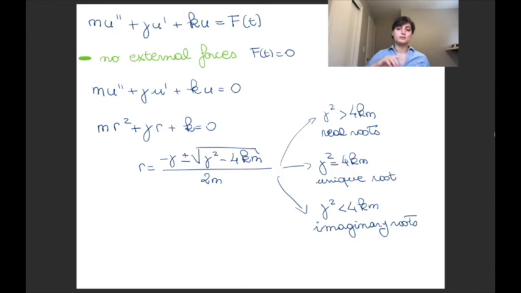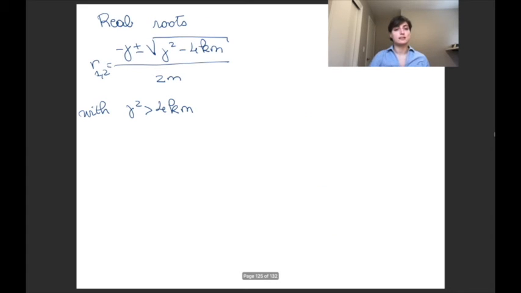The other one, gamma is related to the other coefficients that we have, so gamma is not too strong, not too weak. While gamma squared being smaller than 4km means that the dampening is very light. So what we are expecting in this case is something very similar to what we had without dampening. So let's look into these cases.